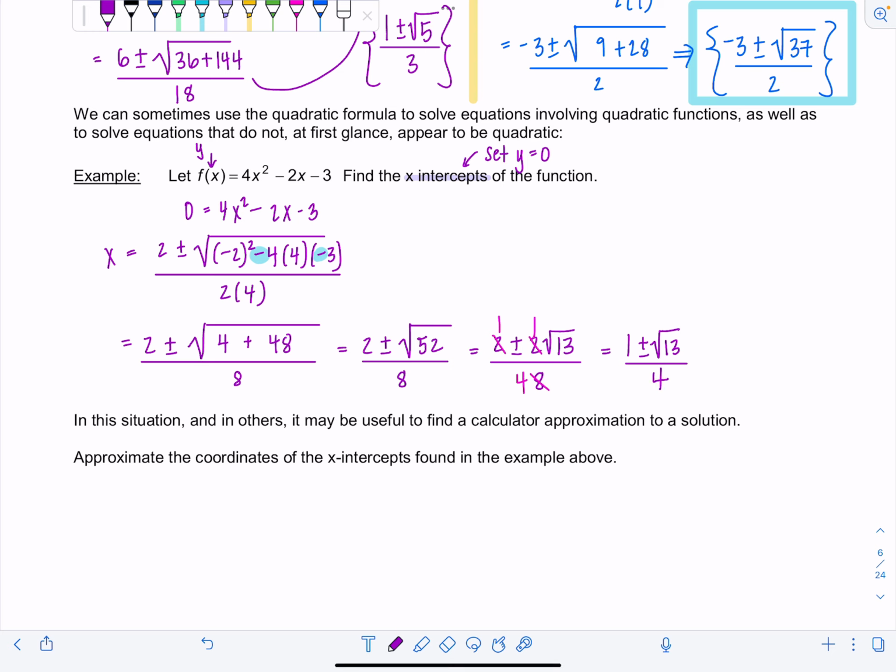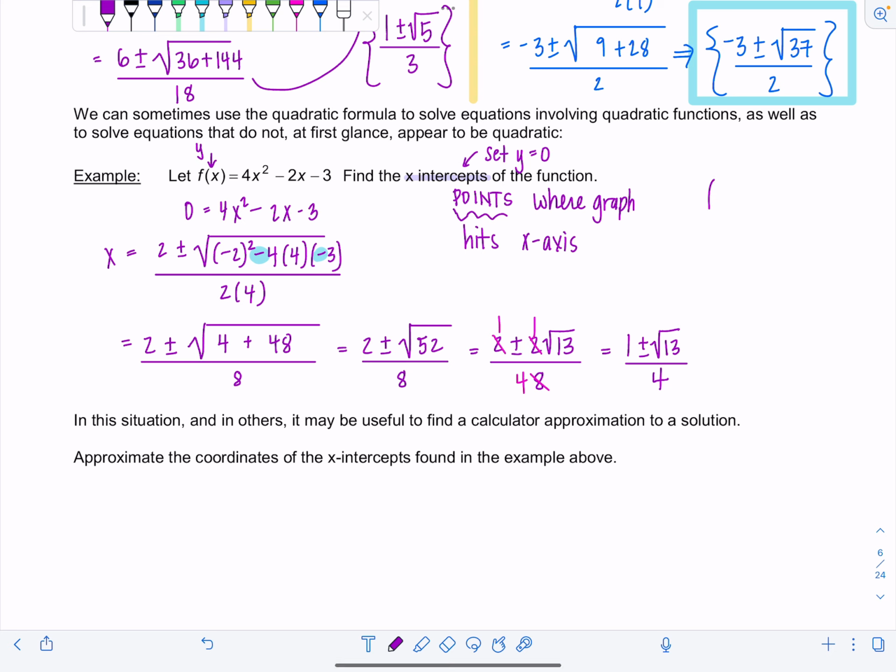Okay, I didn't answer the question though. It asked for the x-intercepts. So those are points or ordered pairs, right, where the graph hits the x-axis. So don't just say what x equals. You have to give your answer as ordered pairs, as coordinates.